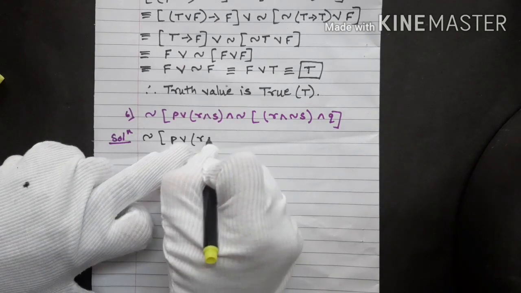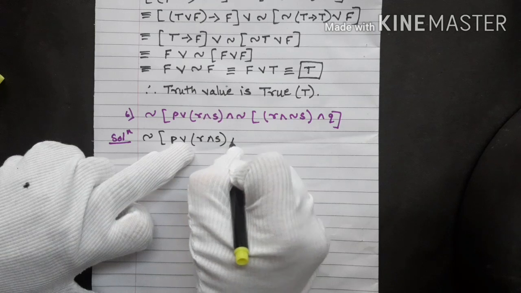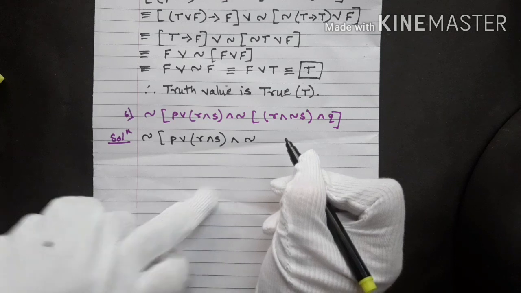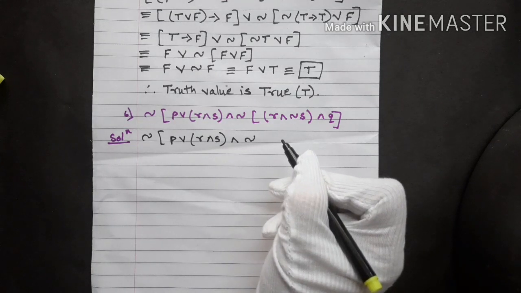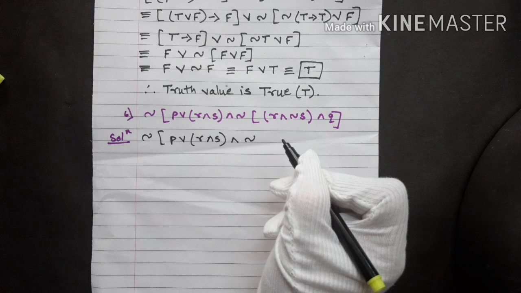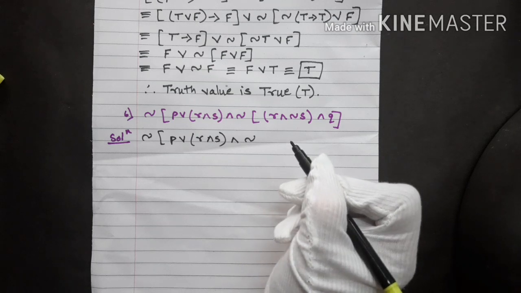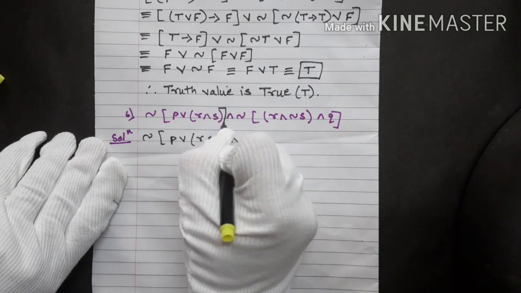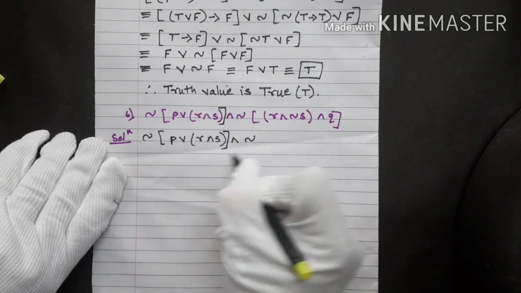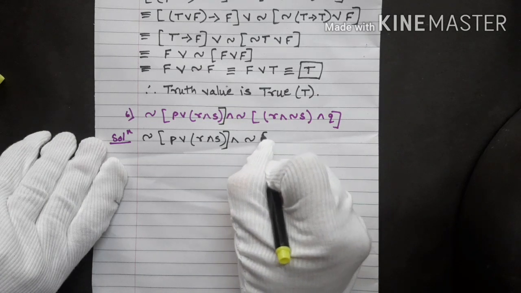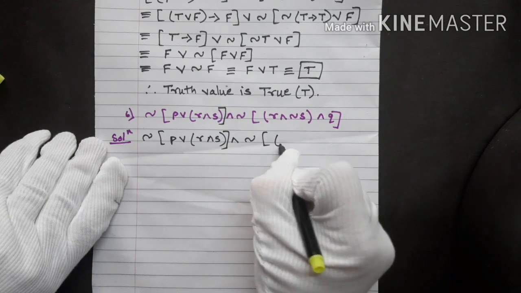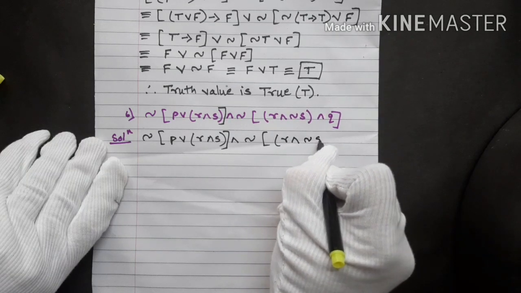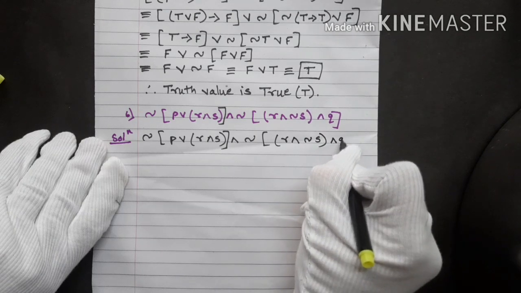P or R and S, and negation, here this bracket is completed over here. Then this is another square bracket. So R and negation S and Q.